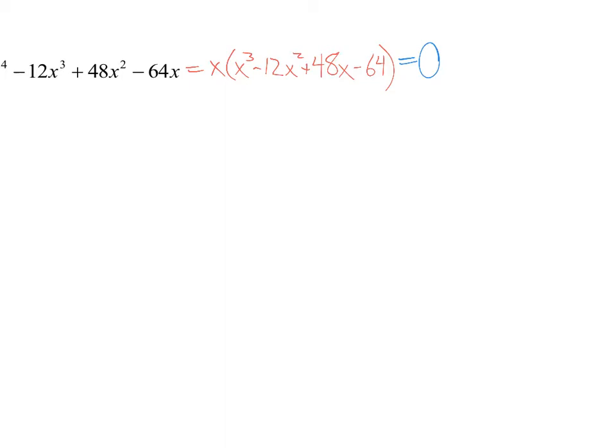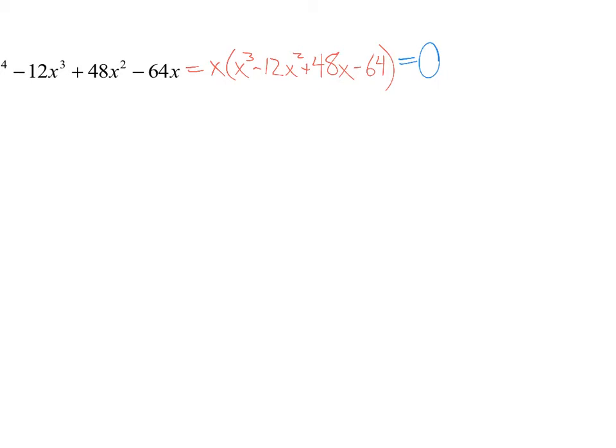Okay, so if we can factor out something and get a quadratic, we can use the quadratic formula for the rest of it. We've got to factor something out. Now when you have a cubic, what method should you probably try first? Factoring by grouping, okay?